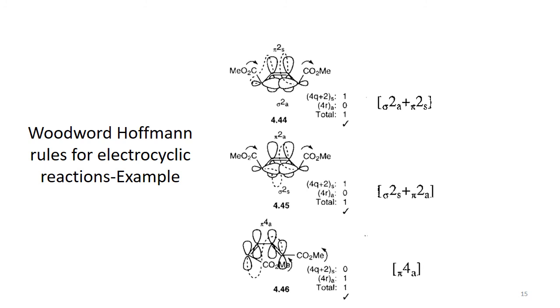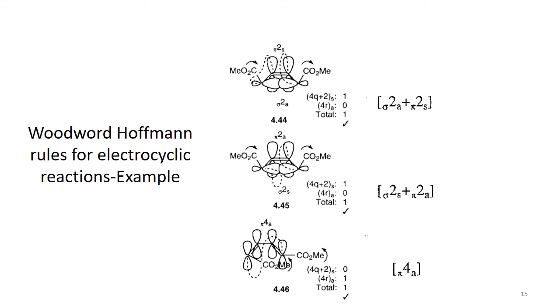So when we apply these Woodward-Hoffmann rules on these systems, we get equations like that, because for the 4q plus 2 suprafacial system there shall be 0 here, and in case of antarafacial, that is the pi 4a system, here is 1, so we get in total 1 pair.